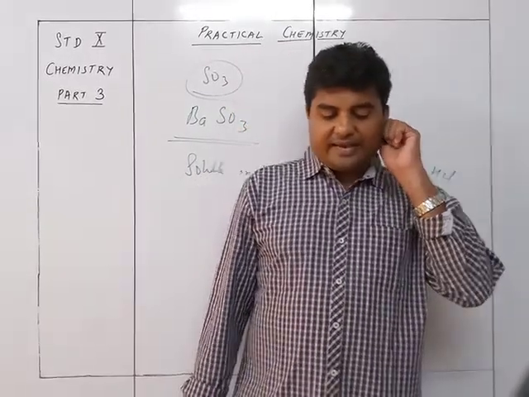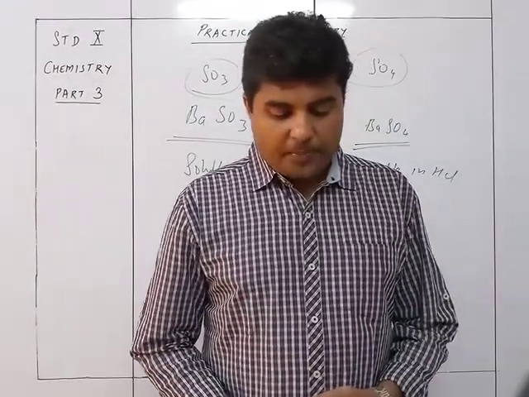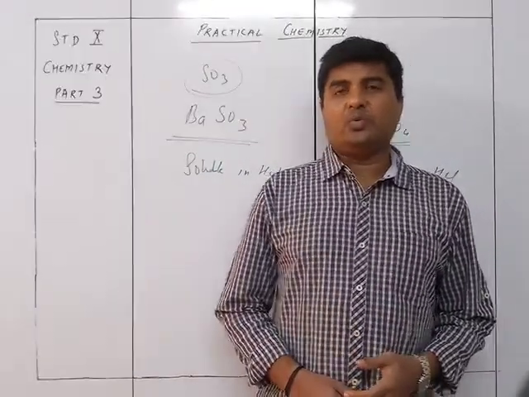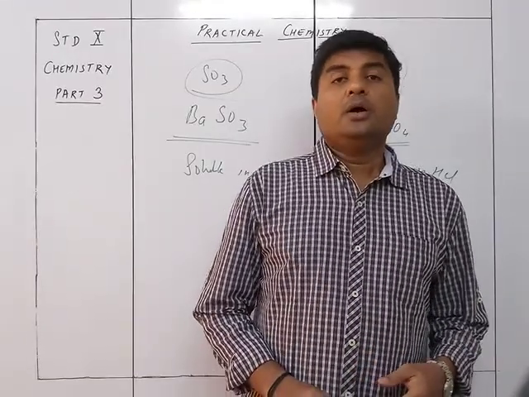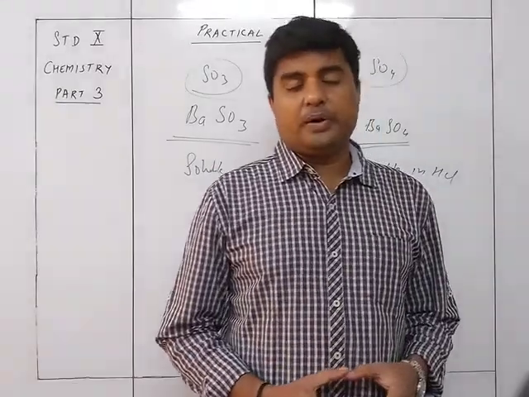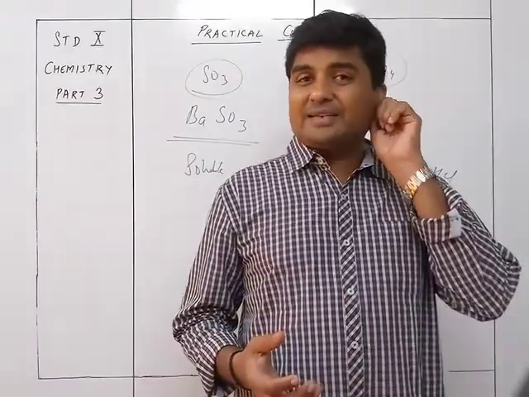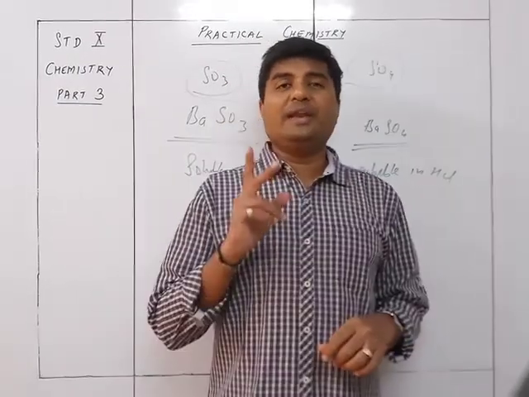The next we see is a typical example of identification of copper oxide and manganese dioxide. Now, why is this required? Because when I talk about black colored metallic substances, there are only two.